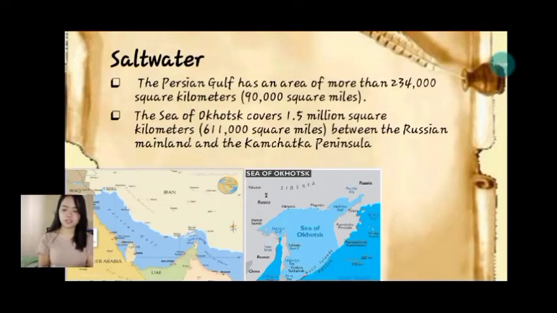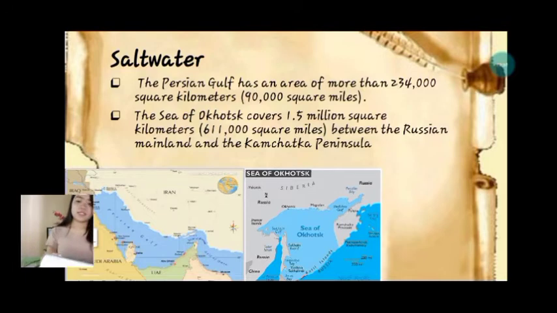So next is saltwater. The Persian Gulf has an area of more than 234,000 square kilometers or 90,000 square miles. It borders Iran, Oman, the United Arab Emirates, Saudi Arabia, Qatar, Bahrain, Kuwait, and Iraq.